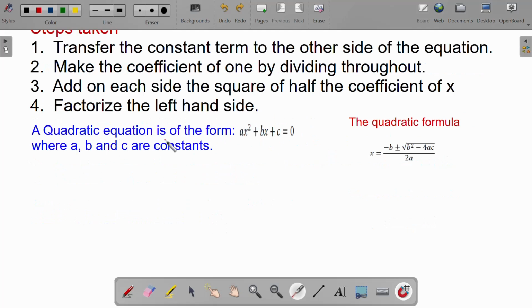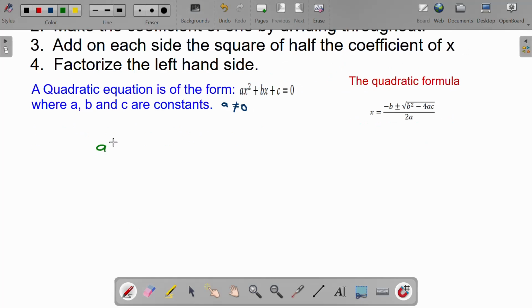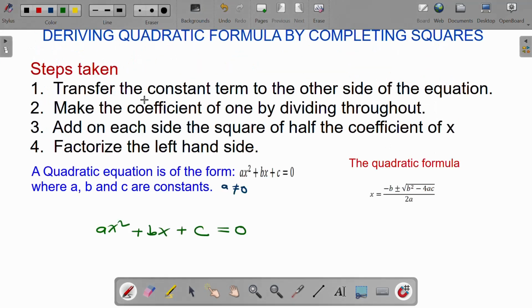So we are saying that our quadratic equation is of the form ax squared plus bx plus c equals 0, where a, b, and c are constants, and a is never 0, for us to have that as a quadratic expression or quadratic equation. Now we can kickstart. Step 1 says transfer the constant term to the other side of the equation.